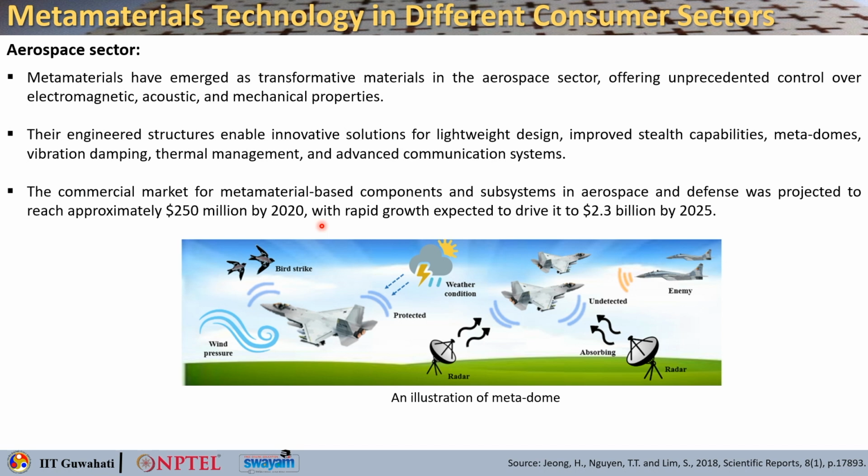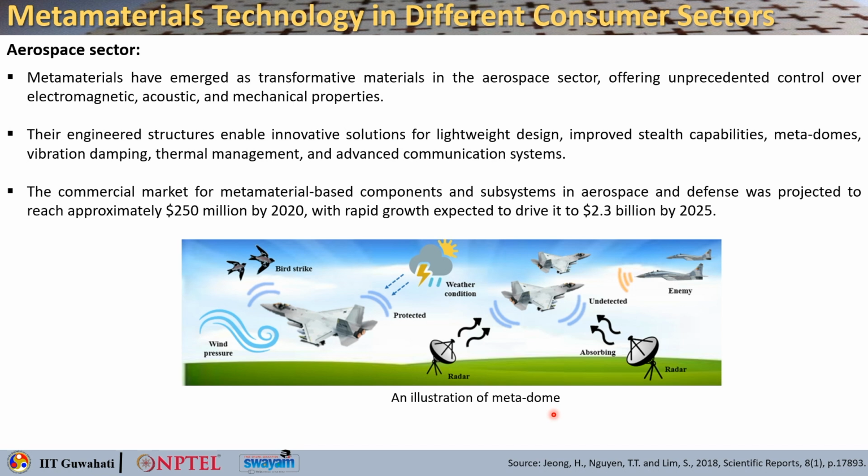So, here you can see that as the demand increases, people are looking for high performance multifunctional aerospace components where metamaterials will play a critical role in shaping the future of aviation and space exploration as well. But this particular figure tells you how metadome is going to work.